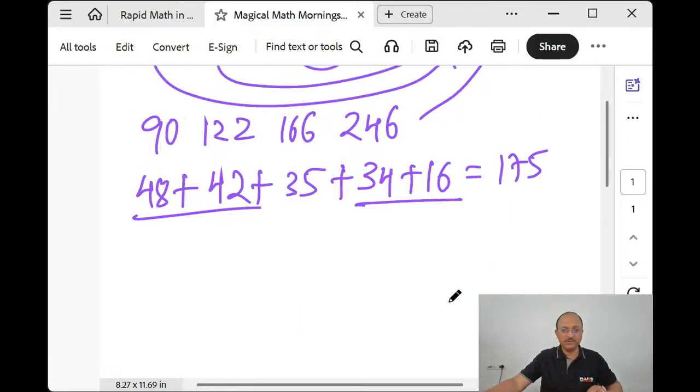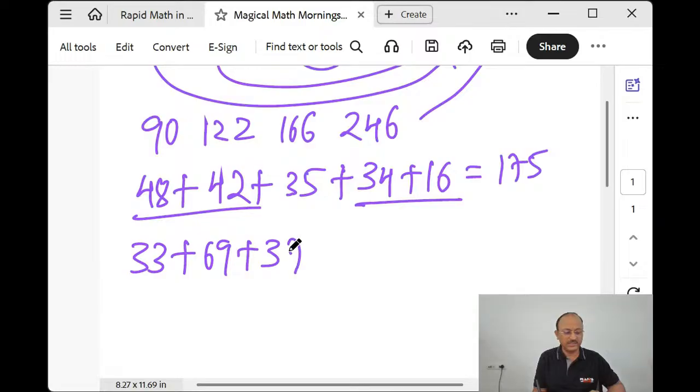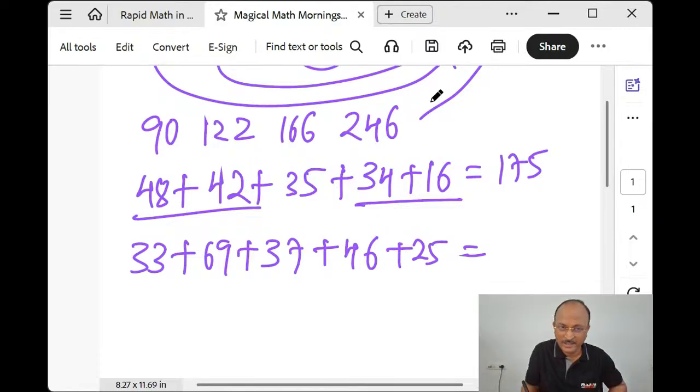Let's take the next set of numbers. We want to add 33 plus 69 plus 37 plus 46 plus 25. Add this quickly, let's see.